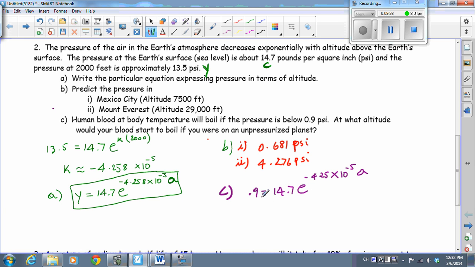I will divide first, and once I divide, I will apply the natural log to get negative 4.258 times 10 to the power of negative 5 A is equal to the natural log of 0.9 over the 14.7.